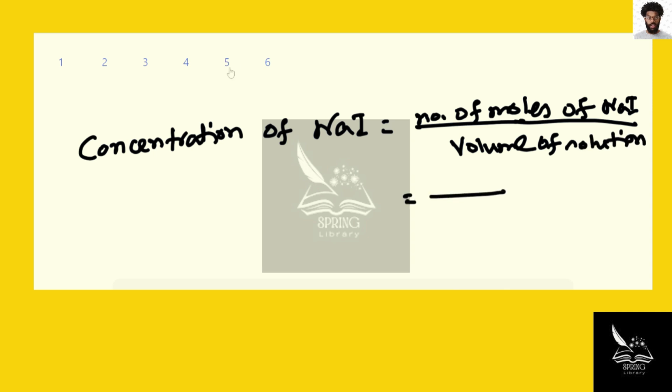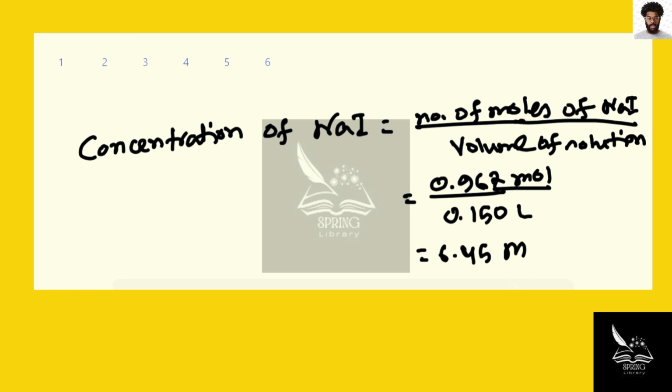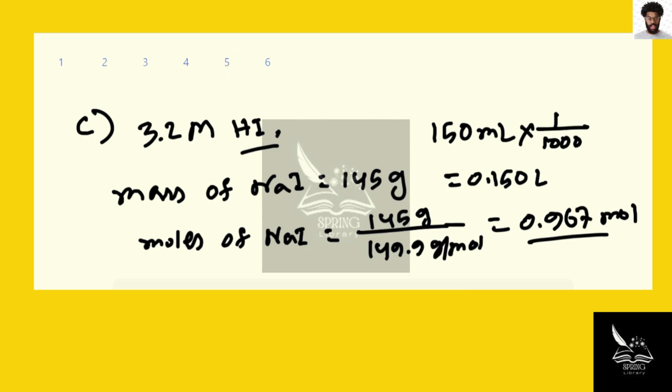So the number of moles we have calculated as 0.967 mole over the volume we have given as 0.150 liter. So from here we can find out the concentration of sodium iodide, which is 6.45 mole per liter or molar. So this is the sodium iodide concentration. Now the concentration of HI is 3.2 molar.